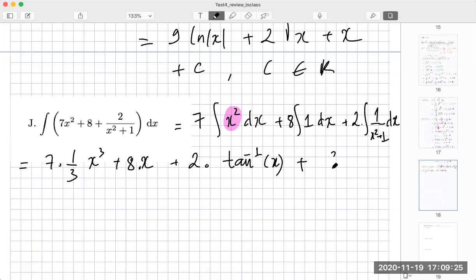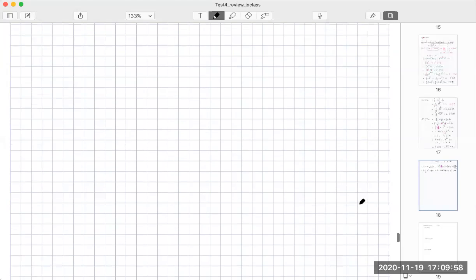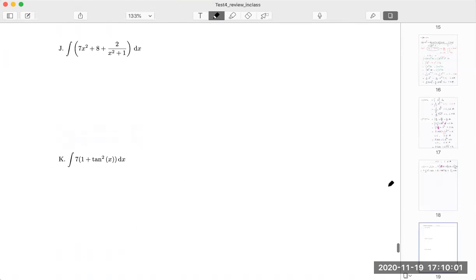And finally, we need to add a constant, right? C is a constant, or C is in R. That's it. Okay? That is the question J.